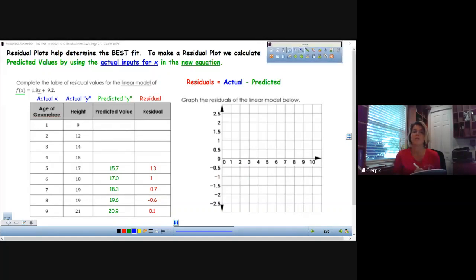To create a residual plot, we have to calculate predicted values using our actual X inputs and the equation that we came up with.